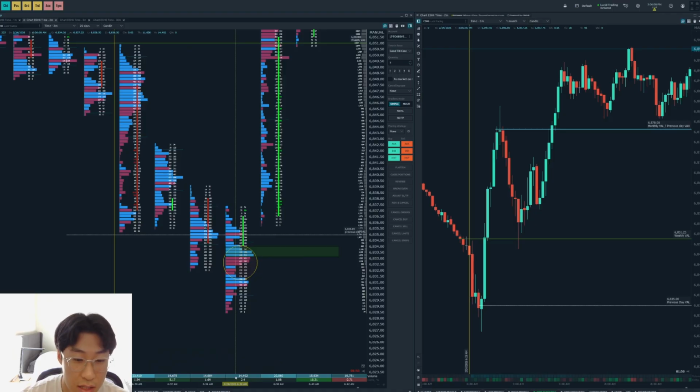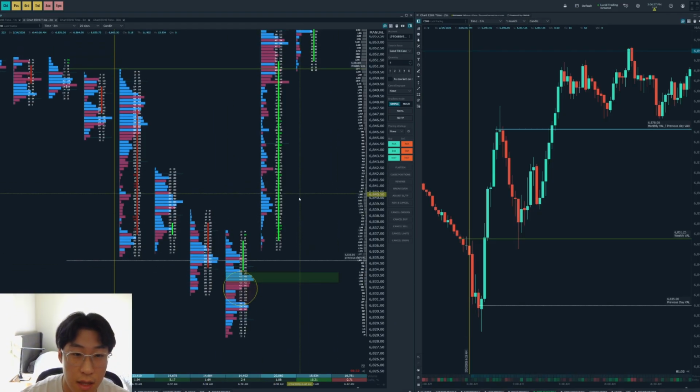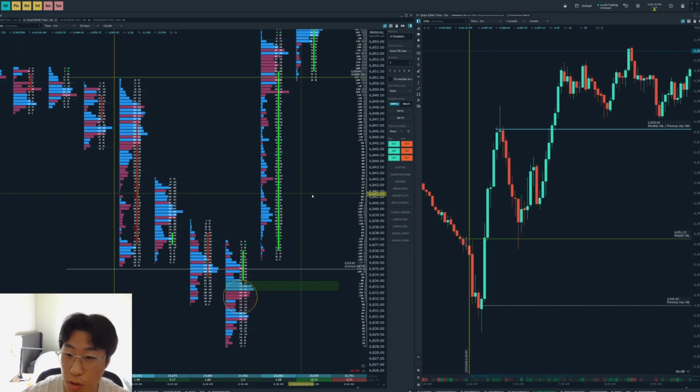Again, equal volume, positive delta, showing that there are buyers here even with price moving lower. If buyers are able to hold, right, if sellers are able to get absorbed like we did, and we see aggressive buying to the upside, then we can potentially look for a reversal.